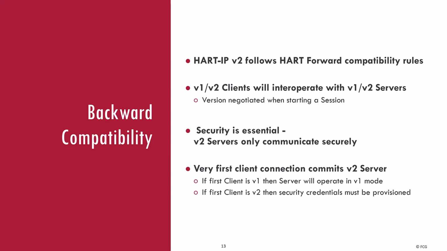That means the first time you connect to a new device will determine whether that device is going to continue to work always in version 1 mode or always in version 2 mode. If the client is a version 1, it'll operate as version 1. If that first client is version 2, it'll operate as version 2.